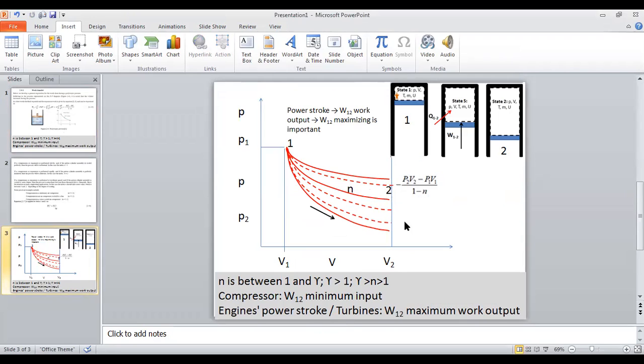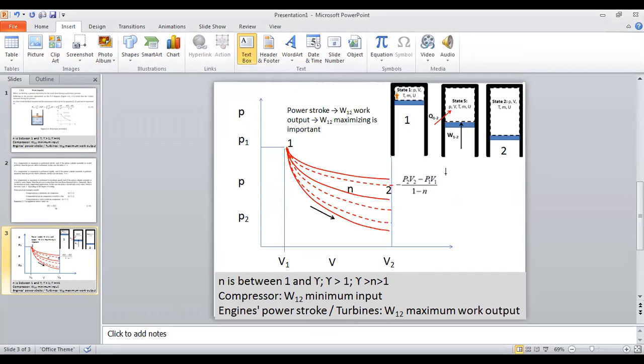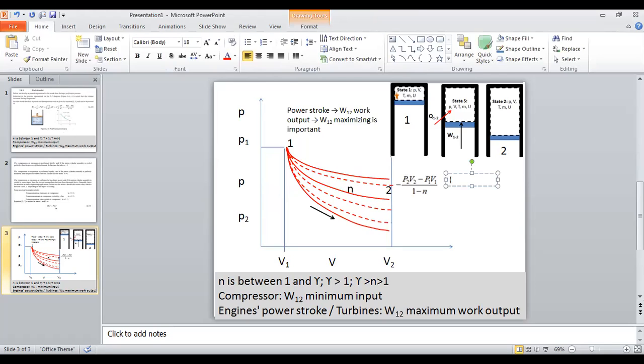Let me write the expression for you here. It is something like P2 V2 minus P1 V1.